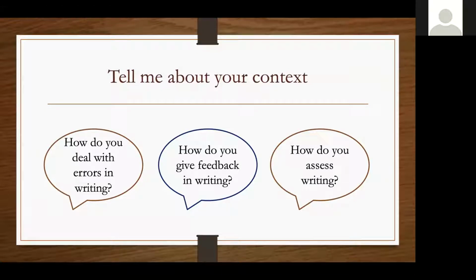If most students are spelling a particular word wrongly, and it's a common word that is appearing in most of the students as a spelling error, you can now come in class and correct that. You give them the correct spelling and then you explain. So that's how I would say I approach the context of my teaching.